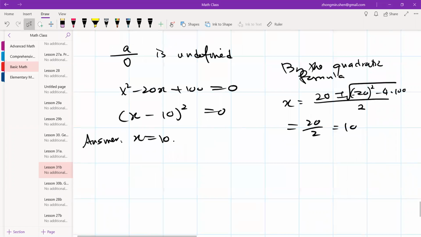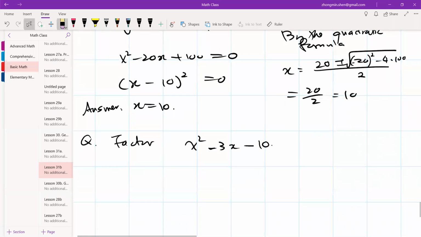So we switch to the topic of how to factor polynomials. Let's try to factor x squared minus 3x minus 10. Sometimes you have to find the x for which it's going to be 0. Suppose you can factor it.